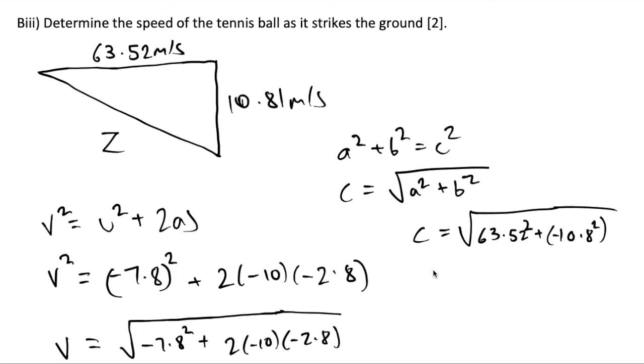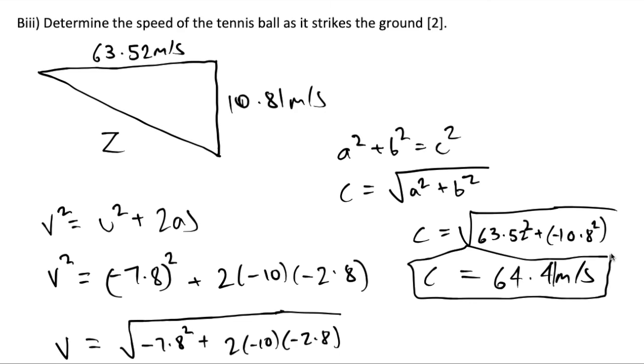Now when we put that into our calculator, we get the answer to be 64.4 meters per second. If I double check, yes, the answer is 64.41 meters per second, and that is the speed of the tennis ball as it strikes the ground.